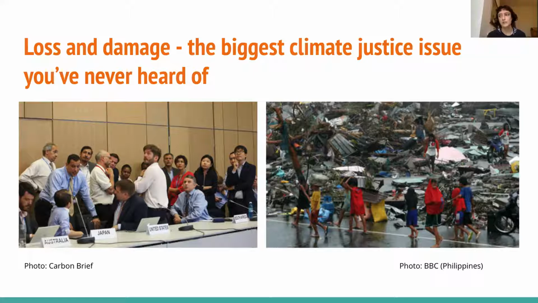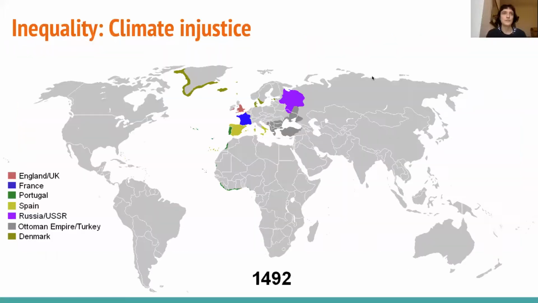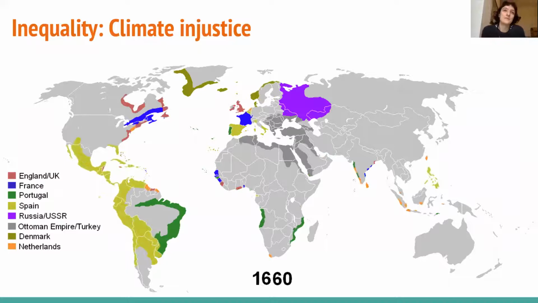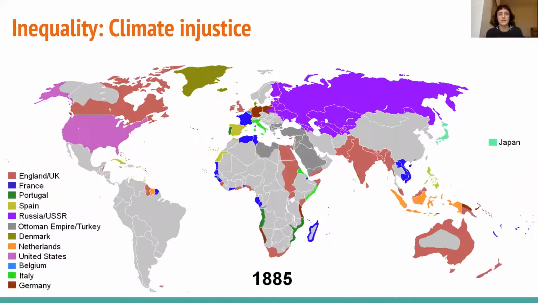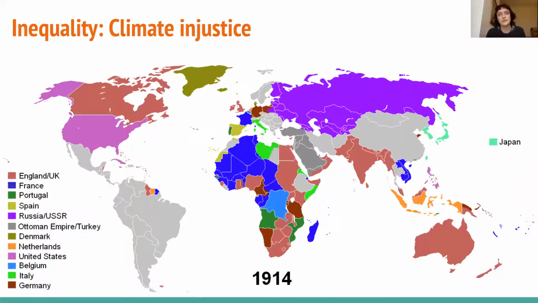Most of the time, the people who are most affected by disasters don't have a say in decision making around how disasters are dealt with and how loss and damage is dealt with. And so that inequality is something that I want to highlight louder.